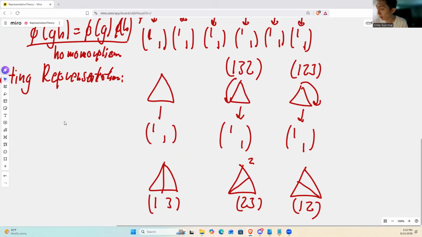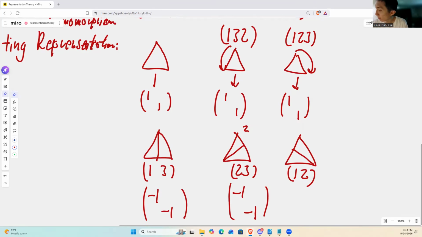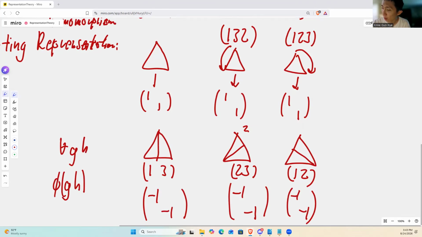These get sent to negative I. So you can check that this is also a homomorphism. That's what I said. So for any g, h in G, rho of gh is rho of g rho of h.